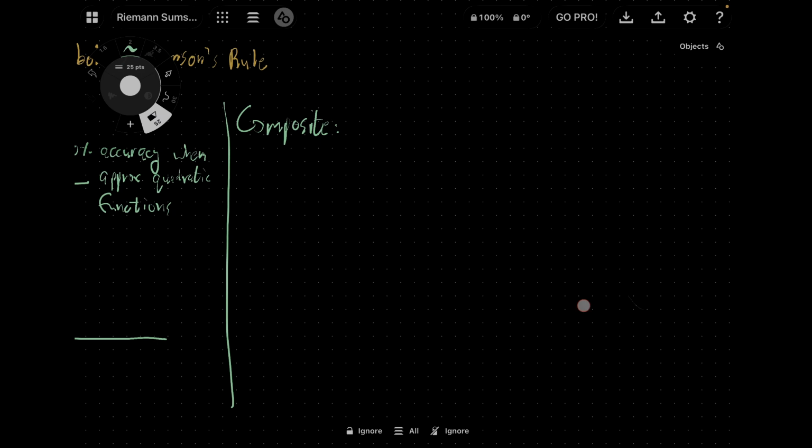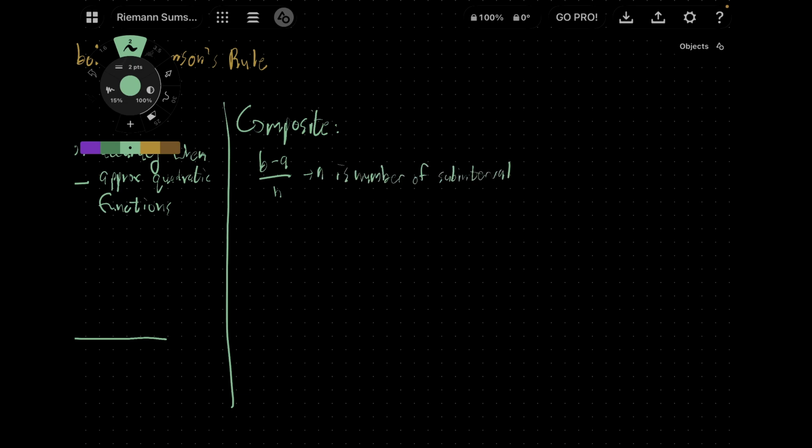So over here, we can write down composite rules, and these, instead of having just 1 or 2 or 3 subintervals like the simple rules I'm about to show you, have a variable number of subintervals and step size, because the step size, of course, is b minus a divided by n, where n is the number of subintervals.